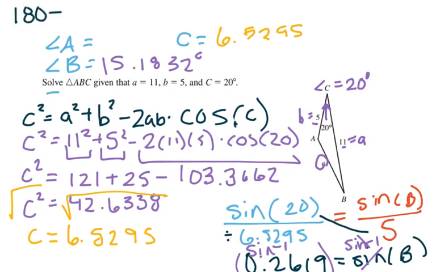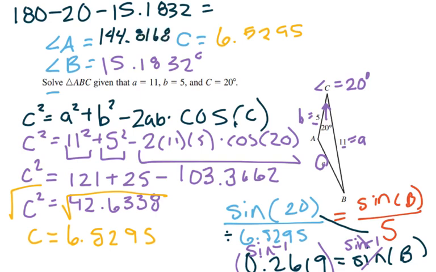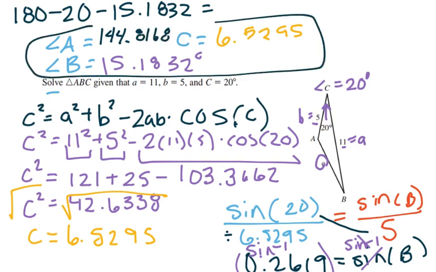So 180 minus the 20 degrees of C minus the 15.1832 degrees, and we're going to get 144.8168. And so those are the missing pieces that we solved for.